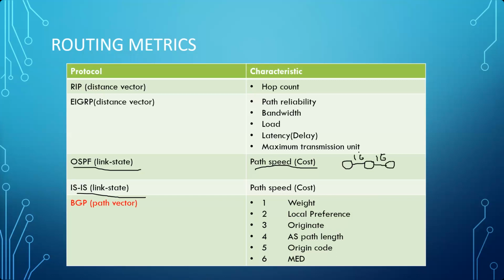So as far as I'm concerned, I'm going to associate that with a specific cost. It's going to give it a cost, okay? There's actually a chart of costs, which I don't think you have to know per se for the actual links, but just know the higher the bandwidth, the lower the cost, the more preferred the path is.